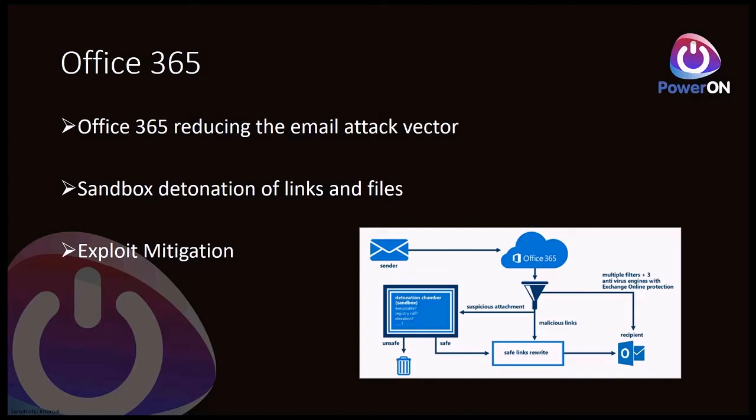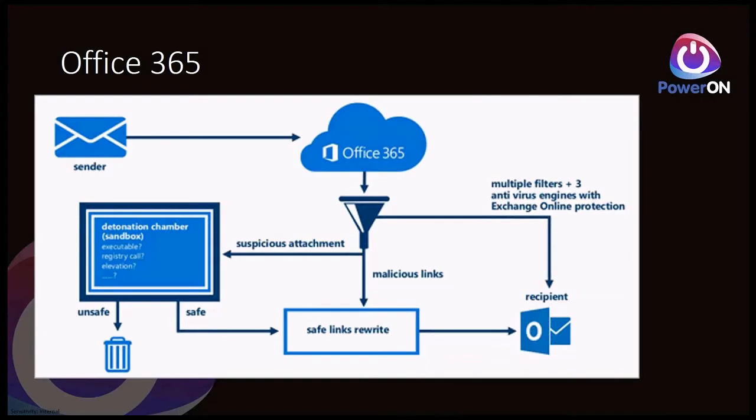If it comes back and isn't malicious, then the user is able to go into it, and subsequent users, when they go into it, don't have to wait for it to go up and be detonated because we've already done it. But if there is something malicious happening, then we're able to highlight that URL or that file as suspicious and stop anybody else clicking on it.